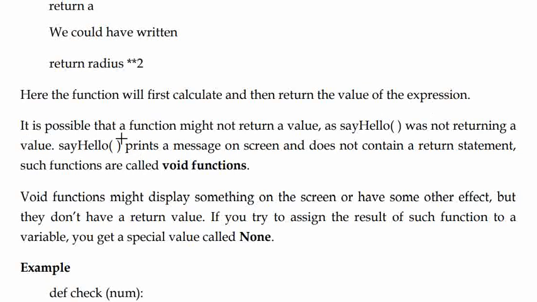It is possible that a function might not return a value, as the say hello function was not returning a value. Say hello prints a message on the screen and does not contain a return statement. Such functions are called void functions. So say hello was an example of a void function because it was not returning any value.